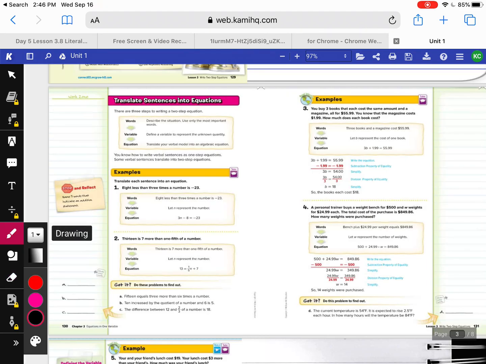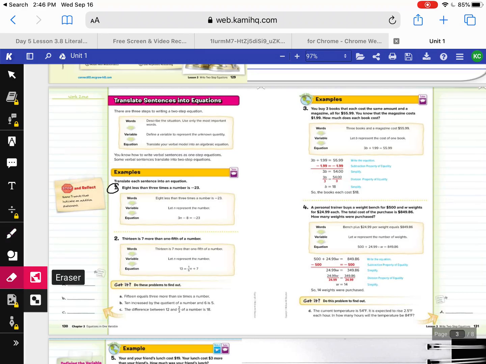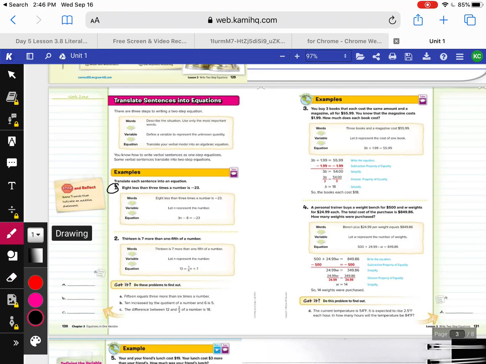So let's look at example 1. Translate each sentence into an equation. So we have the words, 8 less than 3 times a number is negative 23. Now, the first piece that I'm going to look at is this 8 is less than.